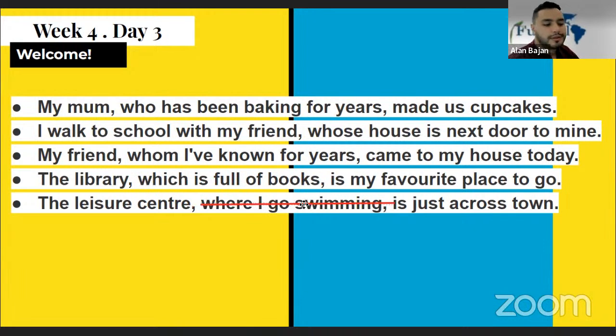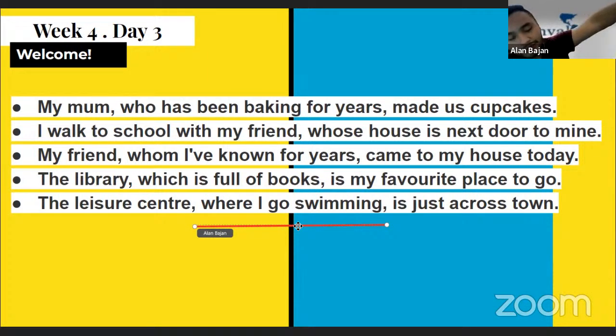The leisure center is just across town. The sentence makes sense. I'm expressing an idea. But I want to say the leisure center where I go swimming. El centro recreativo, donde yo voy a nadar, está across town, en el pueblo.